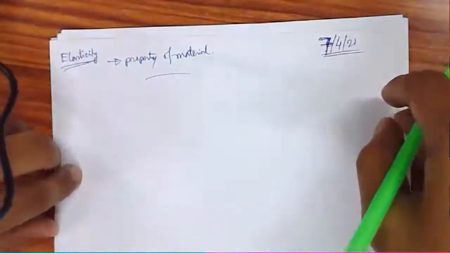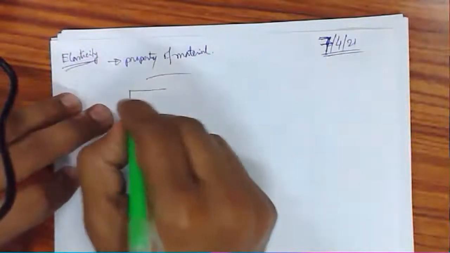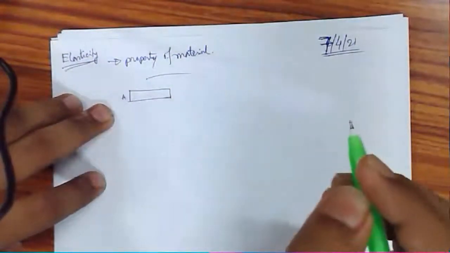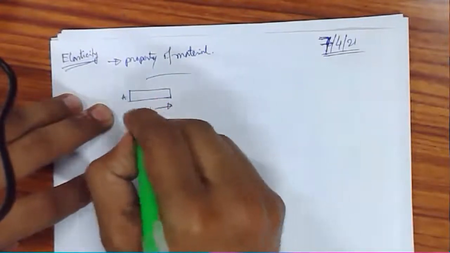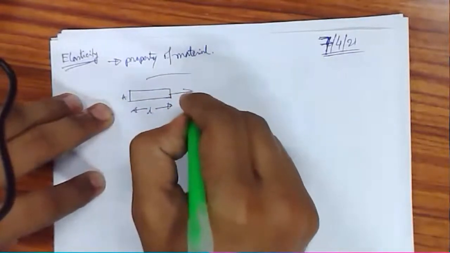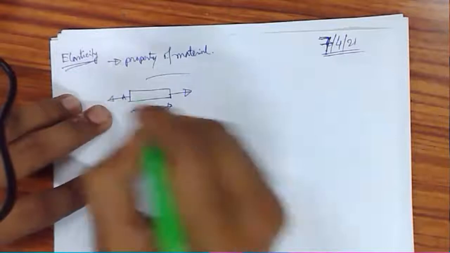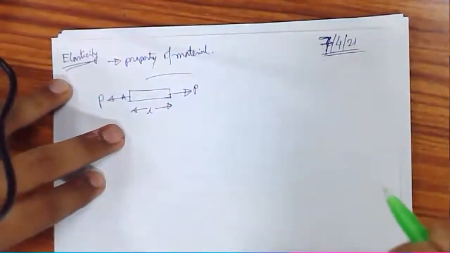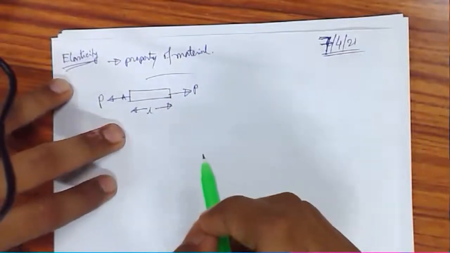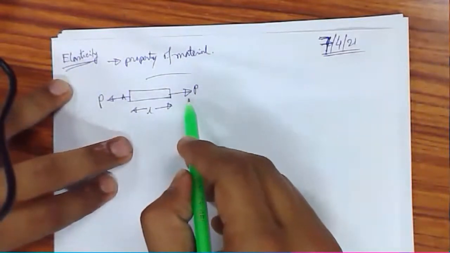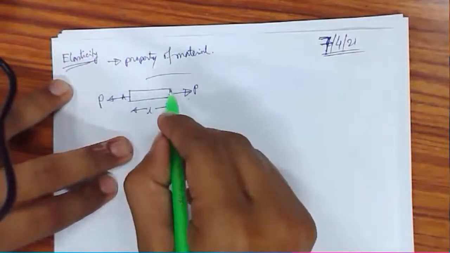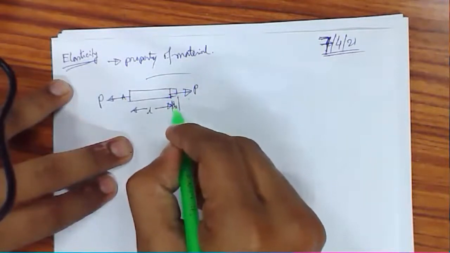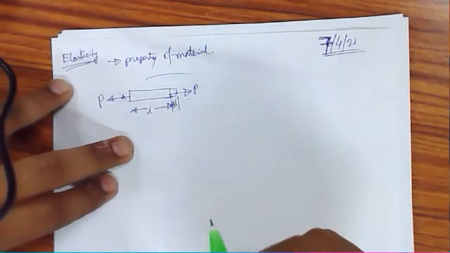Now, when there is any object having cross section A and length L, we apply a tensile force P. Because of this P, we have learned that there will be some deformation. Because of the tensile force, the length will tend to increase. So suppose this dl amount of length has been increased.